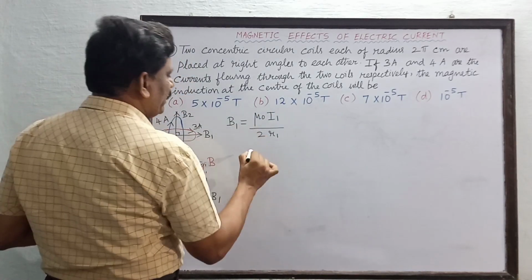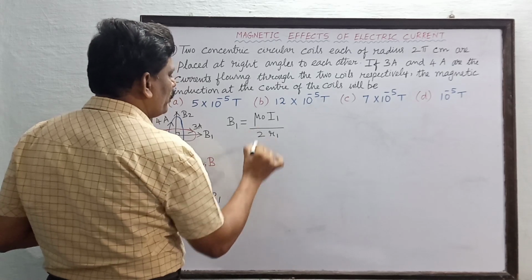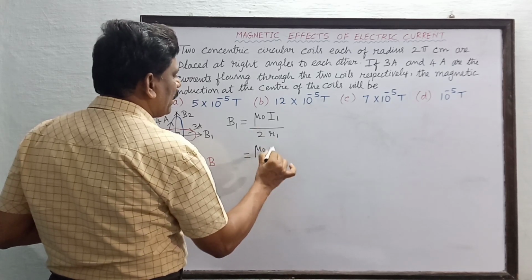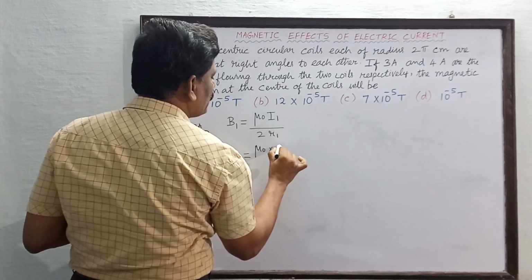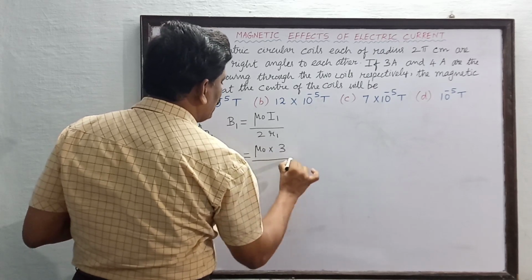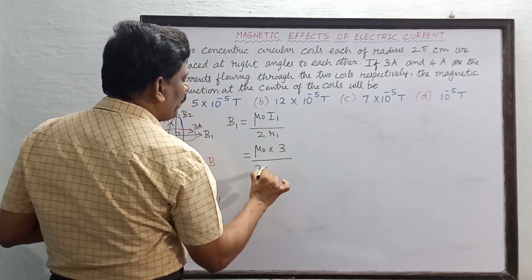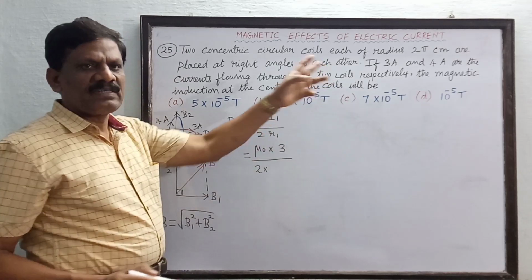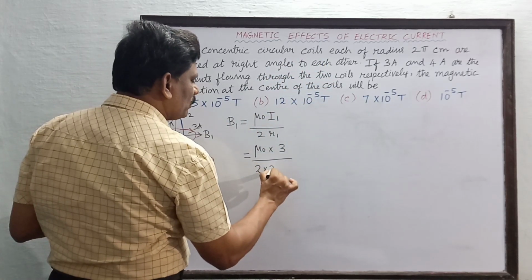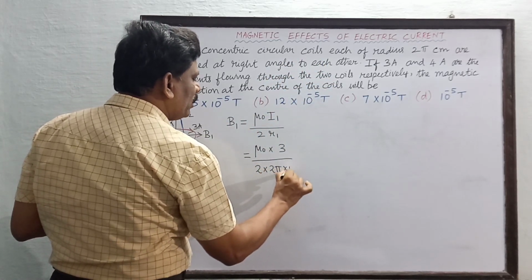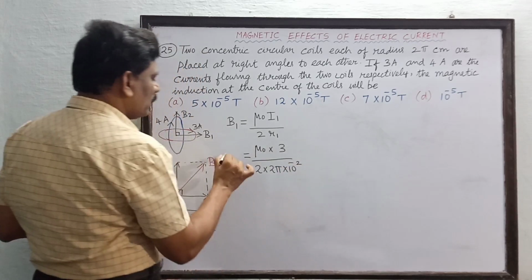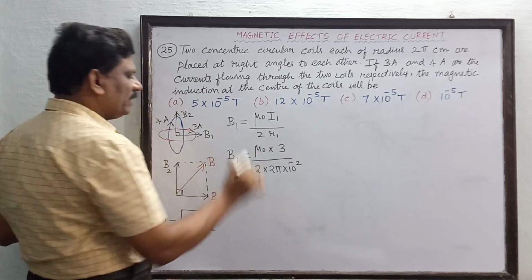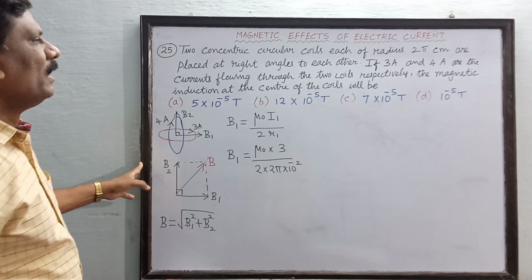This is equal to μ0 into 3 ampere divided by 2 into the radius of the first coil, 2π centimeter, so 2π into 10 to the power minus 2. This is the expression for B1.